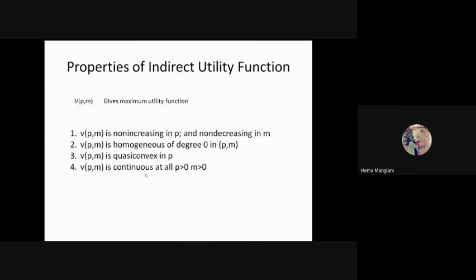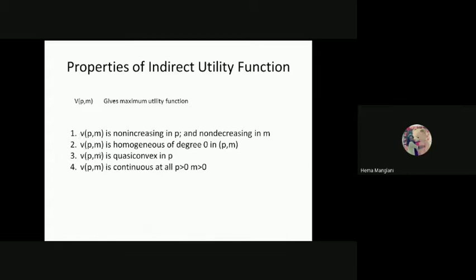Then this function is continuous. We all know that P is also greater than 0, M is also greater than 0. So whenever you are changing your utility based on this P and M, if the price is increasing by 1 rupee, 2 rupees, and at the same time your utility is decreasing, maybe in the same proportion, maybe in greater than that proportion, maybe in less than the proportion.